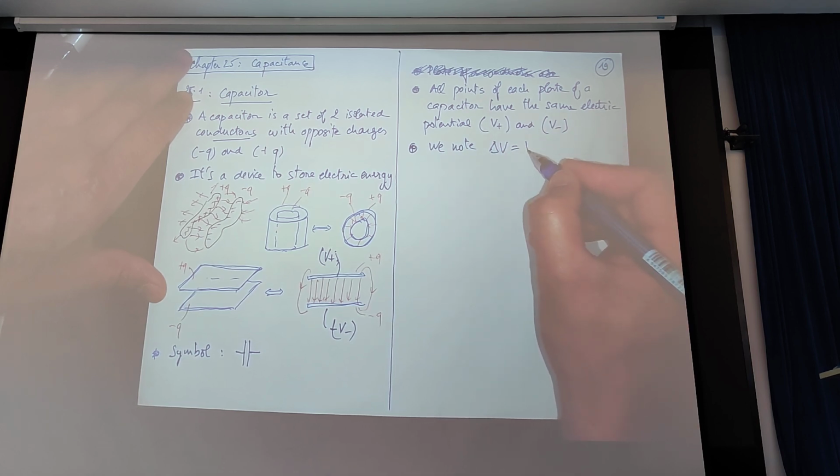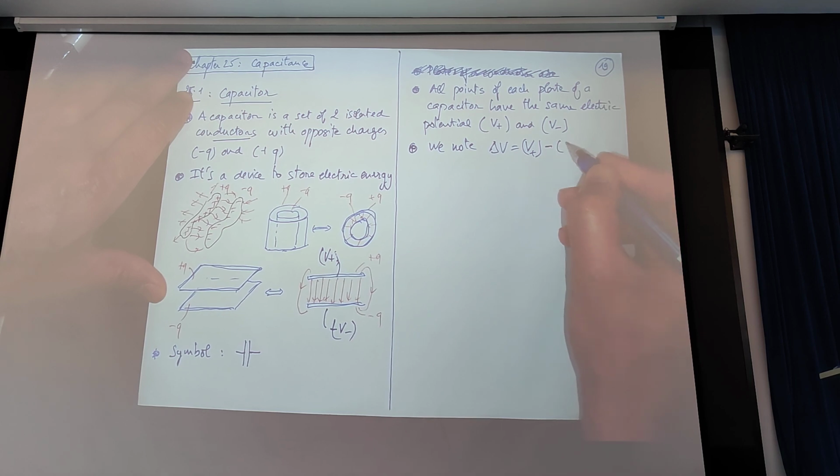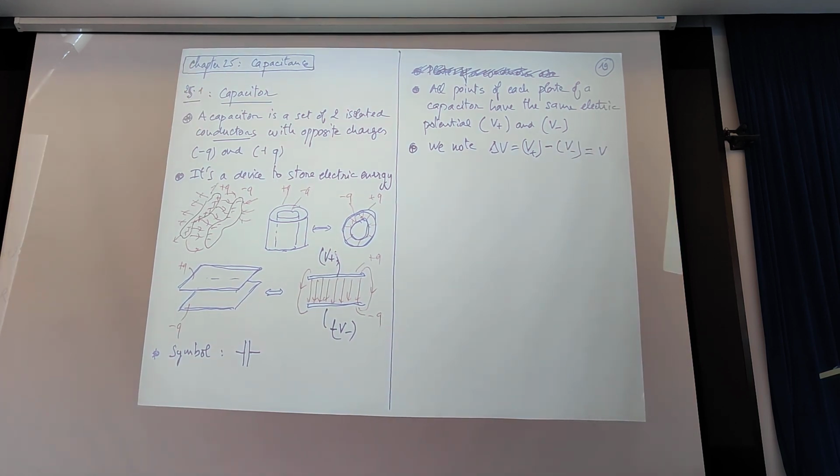Usually delta V is the difference between V plus minus V1, but sometimes we note only V instead of delta V. Okay, so this is only the notation, but remember that V is in fact a difference of potential.